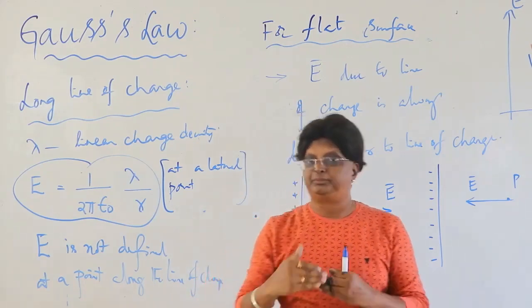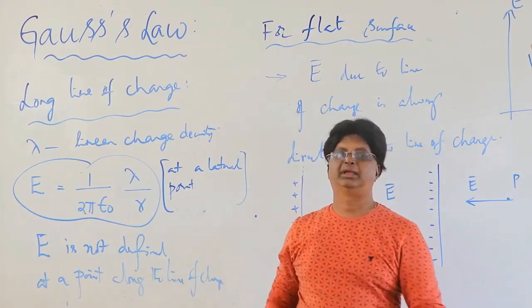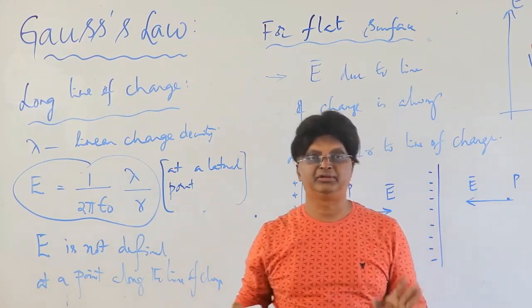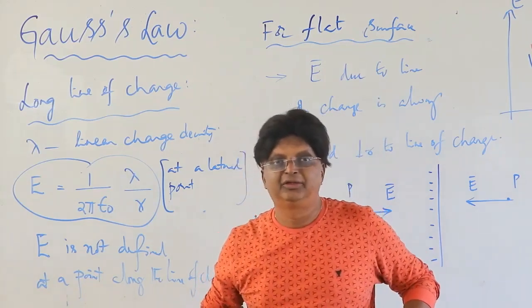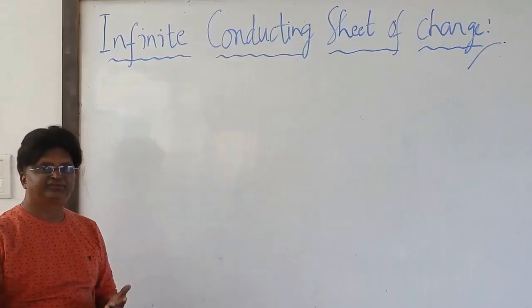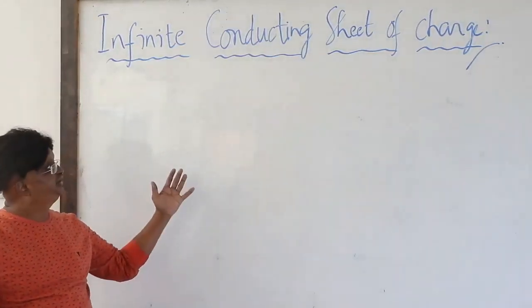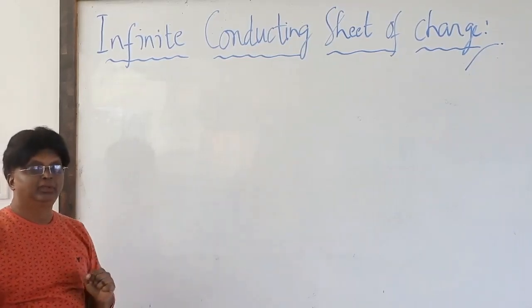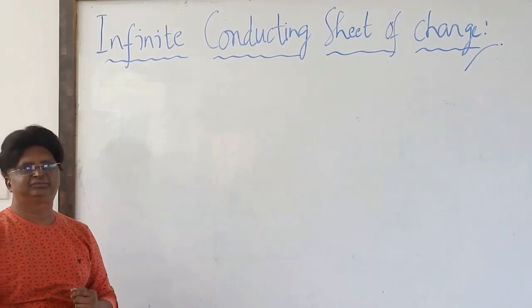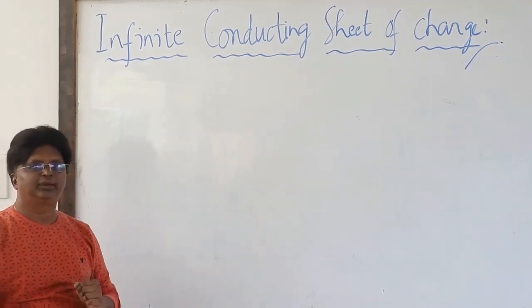Now we'll proceed further. We'll have one more example. Let us see the next case of distribution of charge and finding intensity using Gauss law again. The next case is an infinite sheet of charge. Infinite sheet means a two-dimensional charge distribution, right?